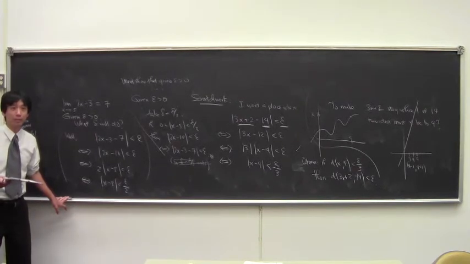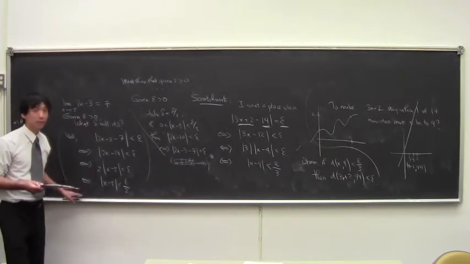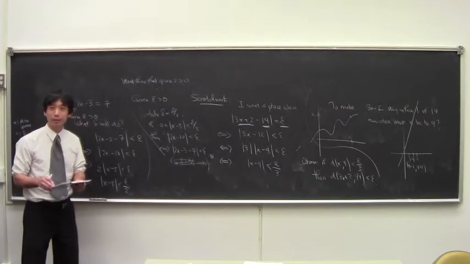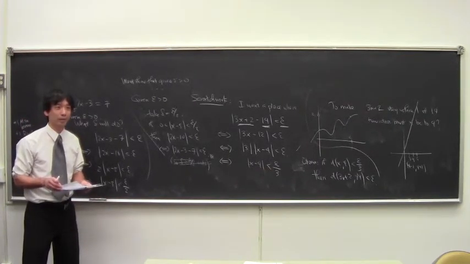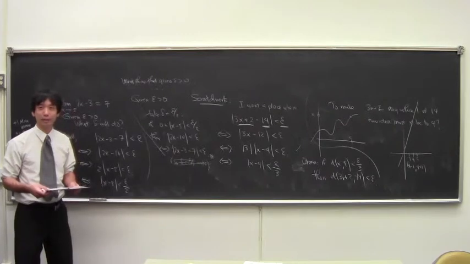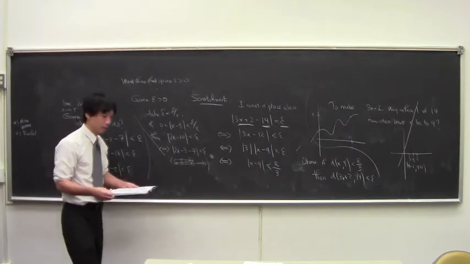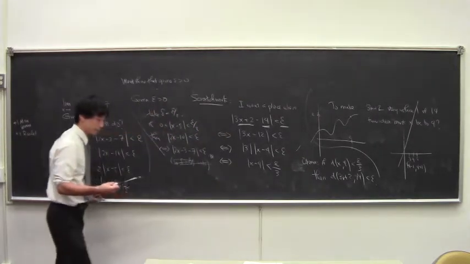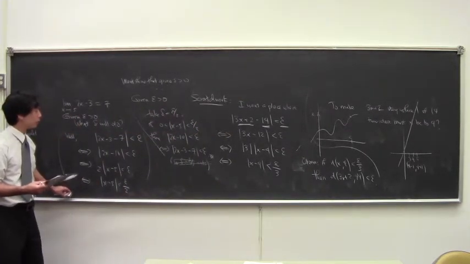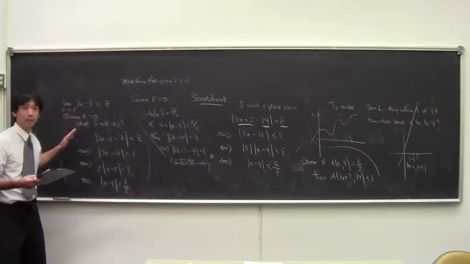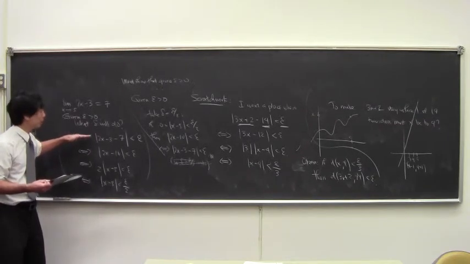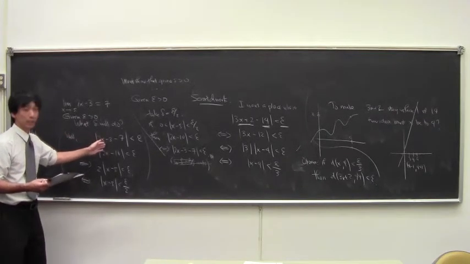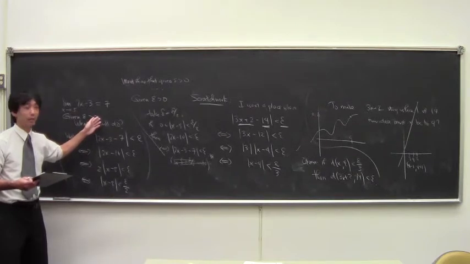Any questions about this? So this is the limit. This is the limit. Right? And this turns out to be the way that you take your intuition about the limit, where you think, oh, as you get closer and closer to c, the outputs get closer and closer to L. Which is certainly an idea about what the limit should be.